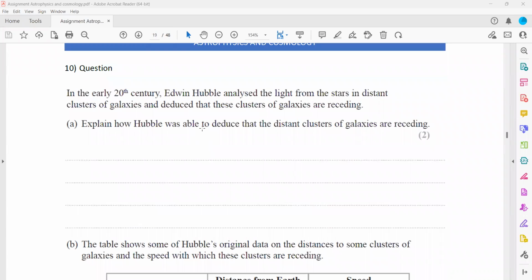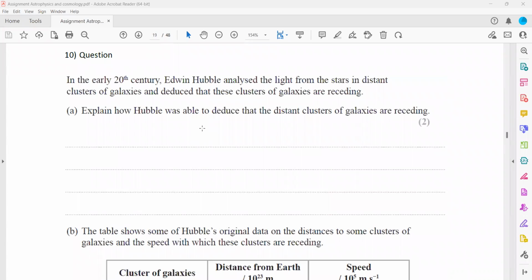In question 10: in the 20th century, Edwin Hubble analyzed the light from a distant cluster of galaxies and deduced that these clusters are receding. Explain how Hubble was able to deduce that the distant cluster galaxies are receding. What he did was observe the light from the galaxies to show a redshift, due to the Doppler effect.